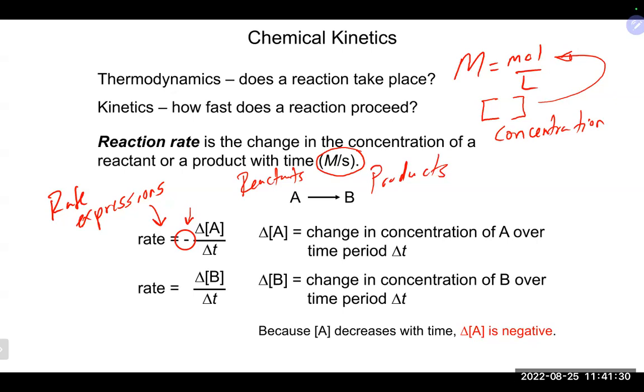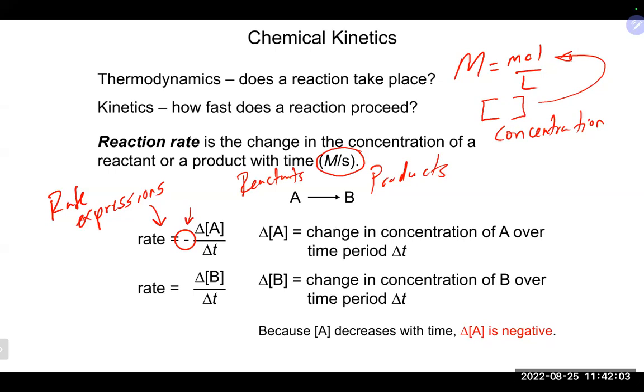In order to form our products, we need to use up some A. So the amount of A should be decreasing with time. The only way you can make your products is to use up your reactants. With that same token, the amount of B, which is the product, should be increasing over time. So we should see an increase in the amount of products as this reaction takes place.